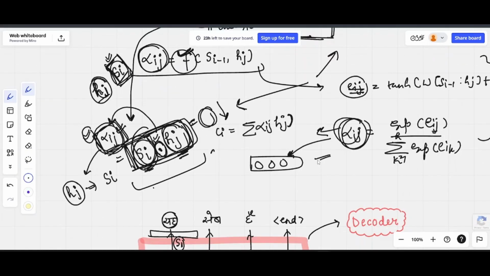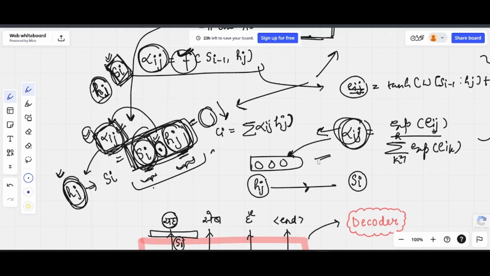Because that tells how similar our output and input are. And if they are very similar, that means the importance of our input is higher, right? Because in order to calculate your output, your input must be aligned with it, right?